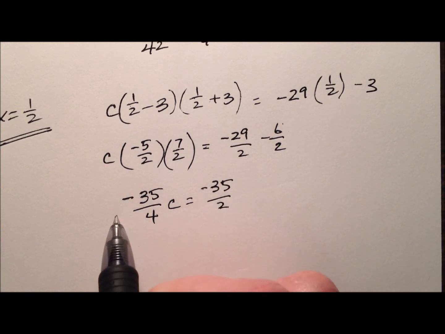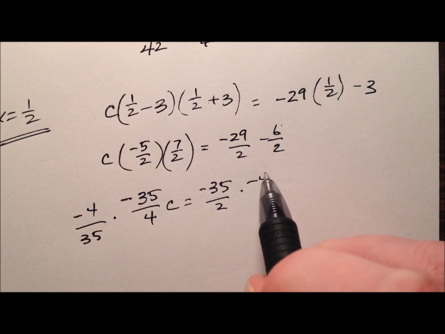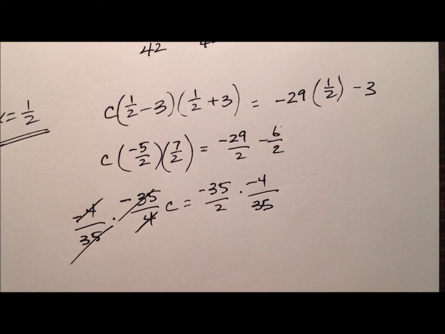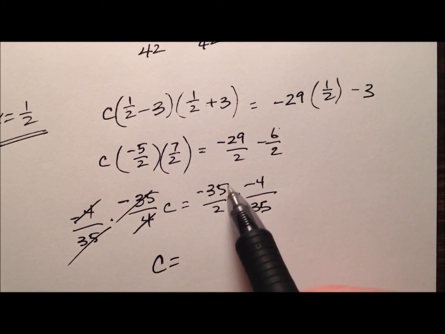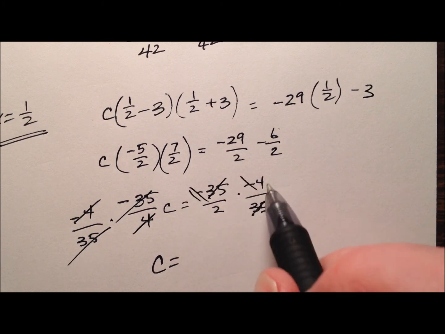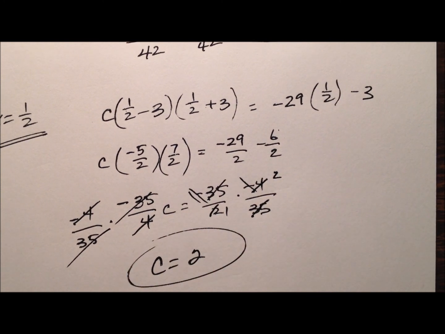Okay, so solving for c, let's multiply both sides by the reciprocal. So negative 4 over 35, negative 4 over 35. So c equals, okay, the 35's cancel, the negatives cancel, the 4 and the 2 cancel and make it 2. Whew, that was an awful lot of work just to get 2.